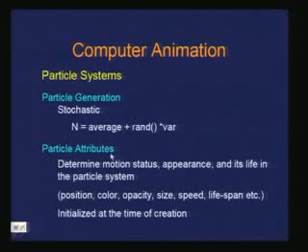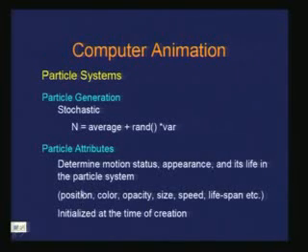Now, the attributes basically determine the motion status of the particles, right? That means the position, the velocity, and so on. The appearance of these particles, the size, the shape, and its life in the particle system.